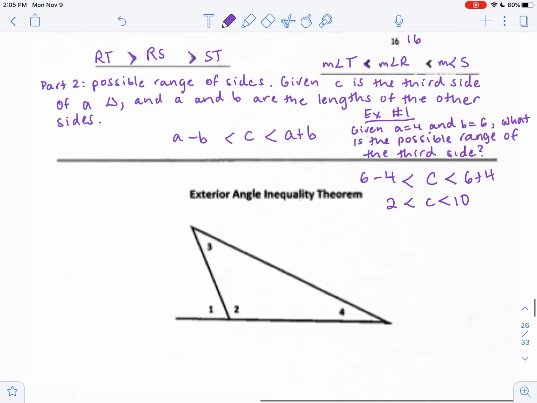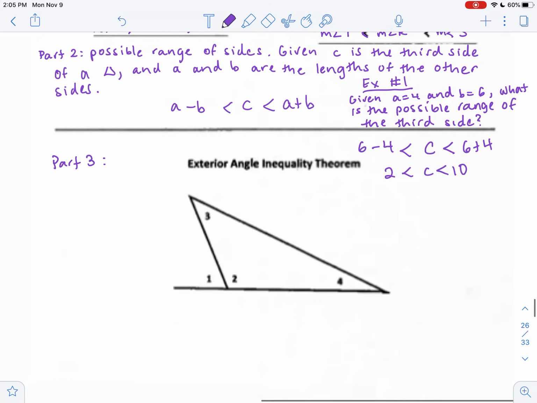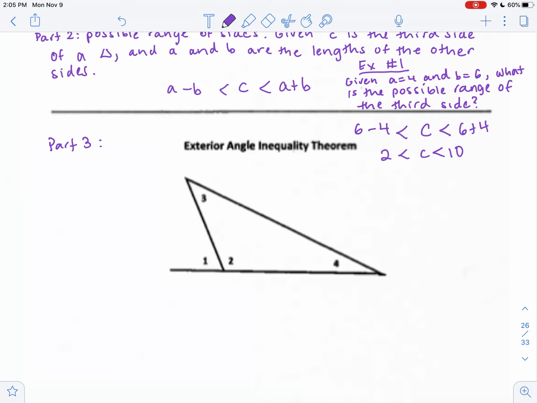Okay, and our last theorem that we're going to talk about today, all of these are application theorems, meaning that we are expected to apply it, is called the exterior angle theorem. If you remember down below here, which one is the exterior angle? We would say 1 is the exterior angle, and just to relabel this so it's a little bit more clear, 1, 2, this is 3, and this is 4.